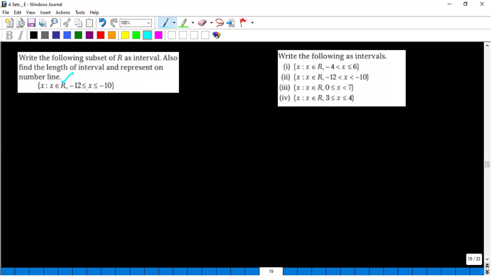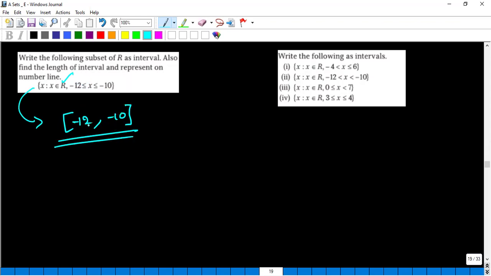Minus 12 less than x less than or equal to minus 10. We wanted to write the solution here. x value must be greater than minus 12, so minus 12 is not included, and minus 10 is included here.